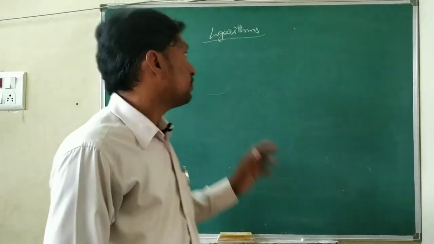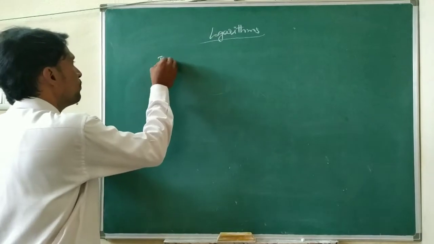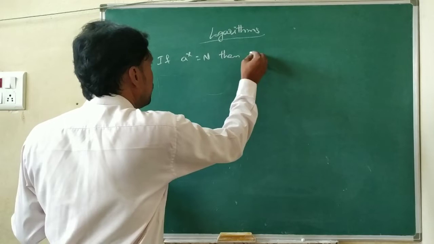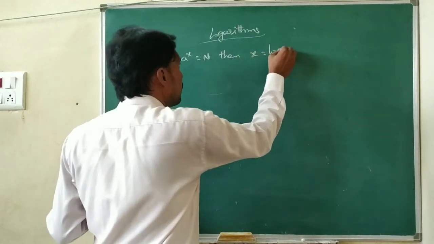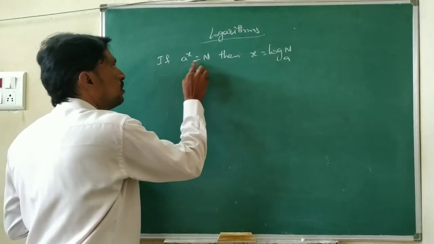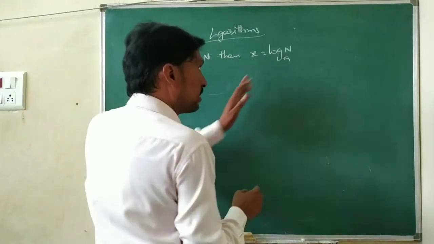What is logarithm? If a power x equal to n, then x equal to log n to the base a. Here this base we are transposing to the right, so we are taking the log.